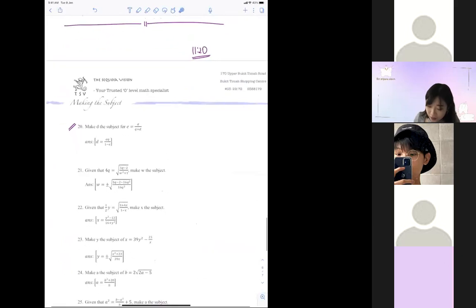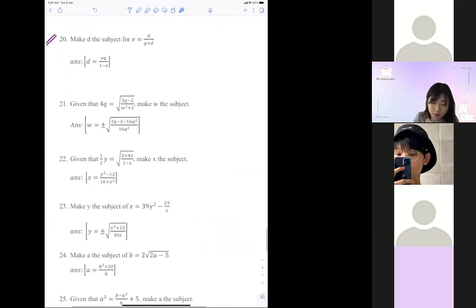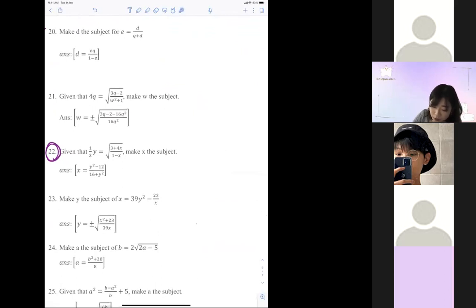Very good. Okay. Now, can everyone see here for question 22? So, if you haven't finished until 22, it's okay. After I go through 22, you just help me write down and then continue where you stop at. Now, if you see here, half y means, actually, top times top, bottom times bottom is y over 2.